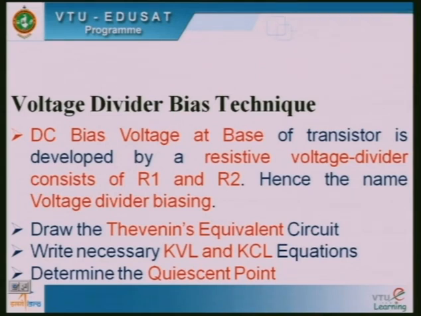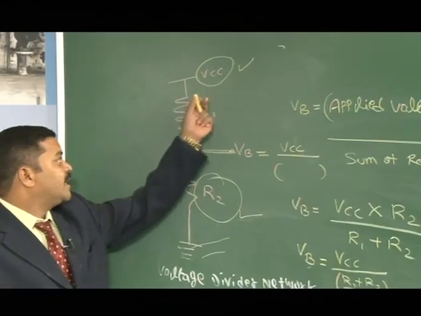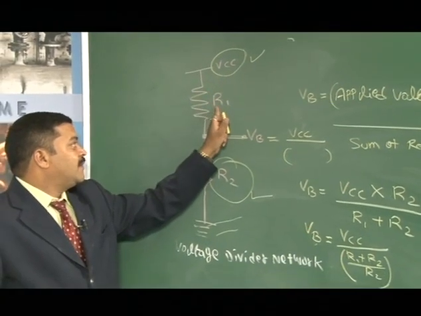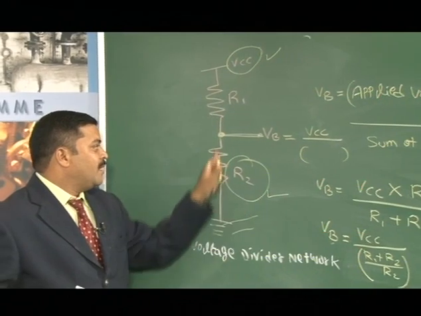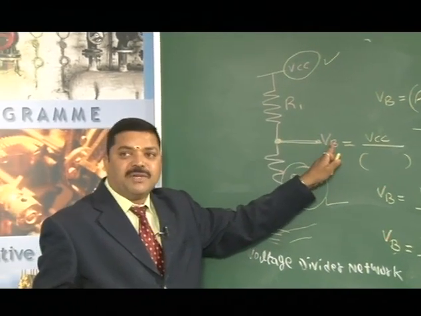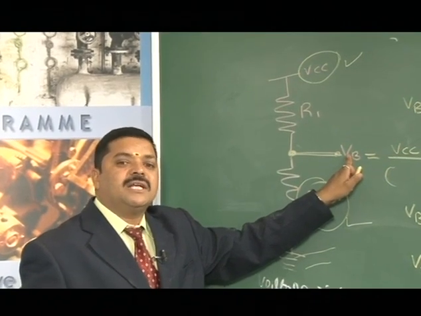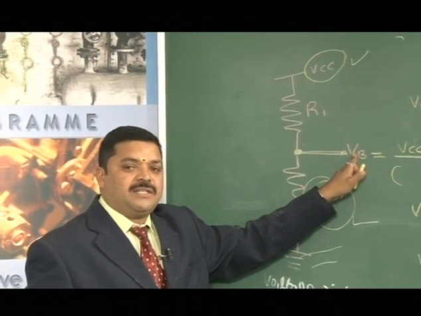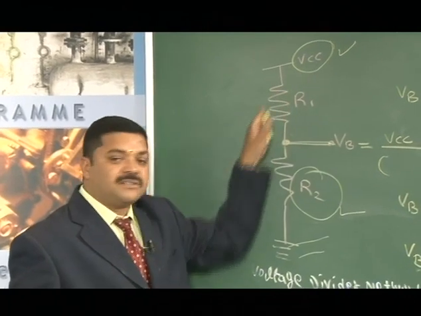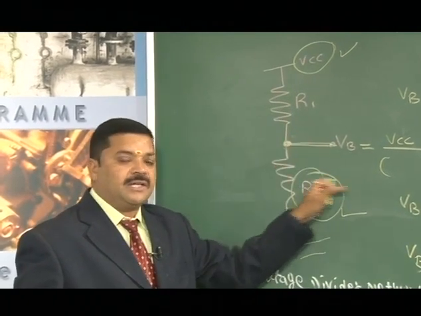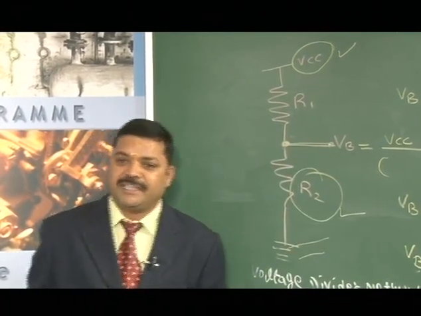So, the voltage divider network consisting of R1 and R2 is connected to the base of the transistor. Therefore, the base voltage is supplied by this network. Hence, the name voltage divider biasing for the biasing circuit.